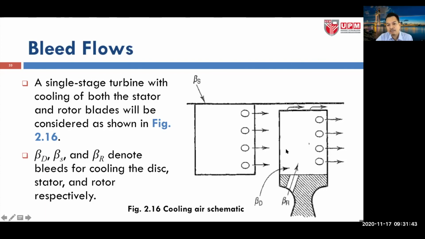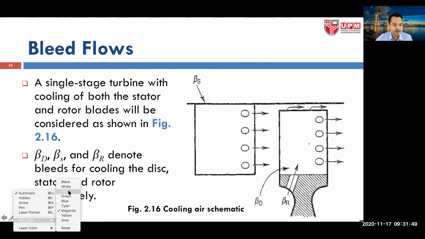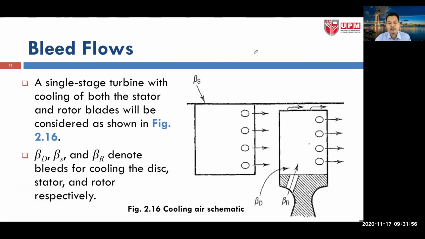Okay, this is a typical stator. Let me just get a pen, probably having blue color. Okay, so this is the stator. This is the rotor blade, where the air coming from the compressor will be used as the cooling air.